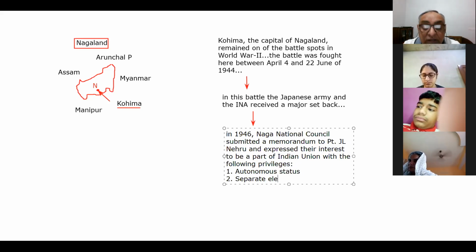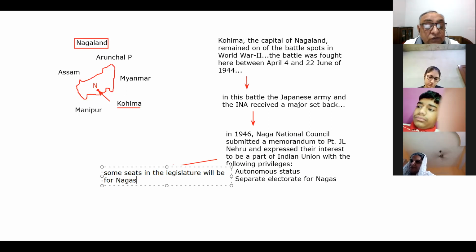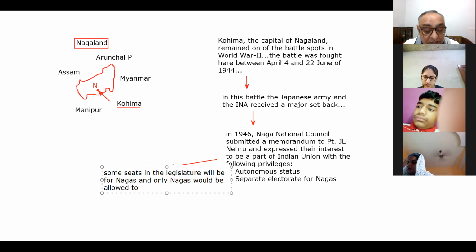Separate electorate means that there will be some seats in the legislature that will be for Nagas, and only Nagas would be allowed to vote in their election.